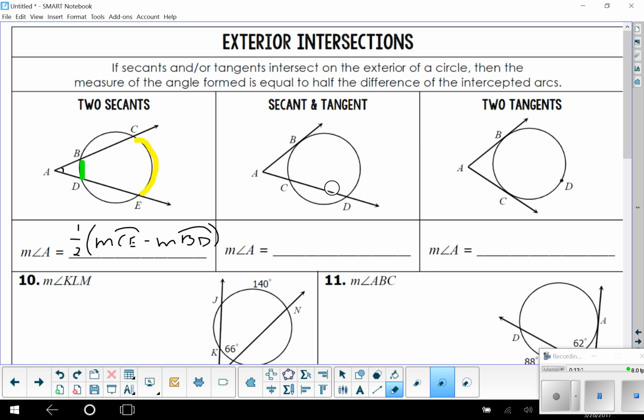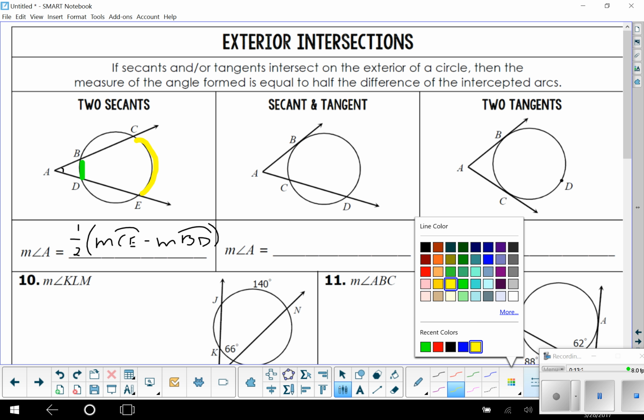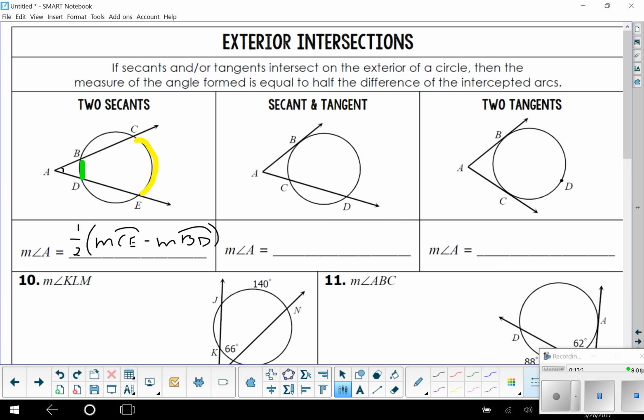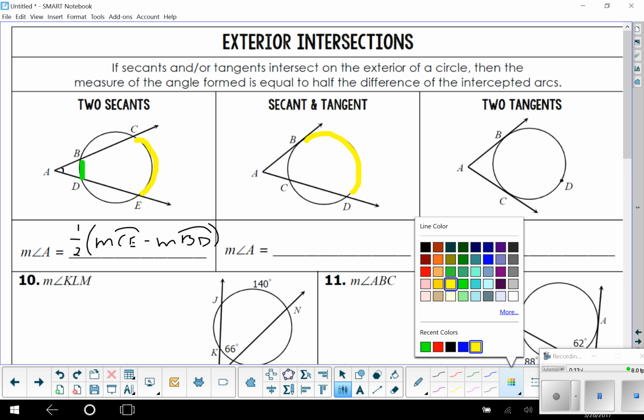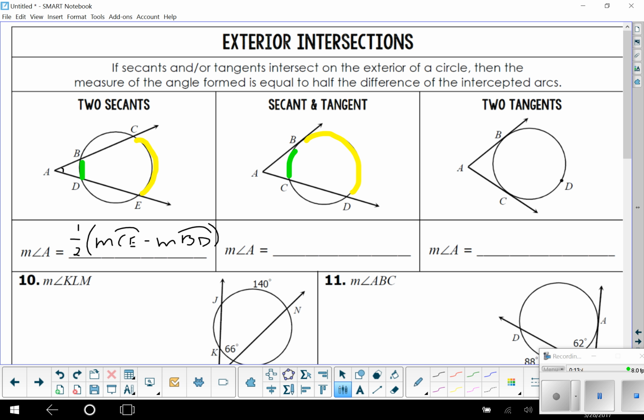Okay, so if we're looking at this again, this one's going to be your bigger, and this one's going to be your smaller. So again, 1/2 times the measure of arc BD minus the measure of arc BC.